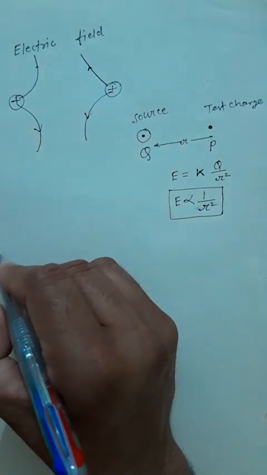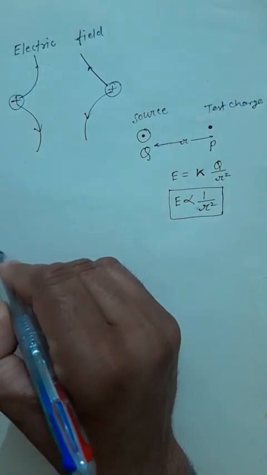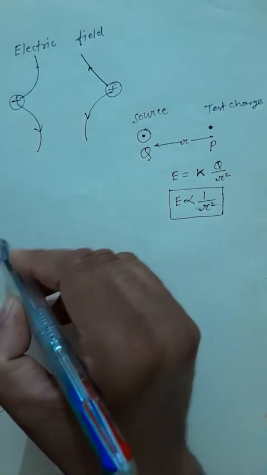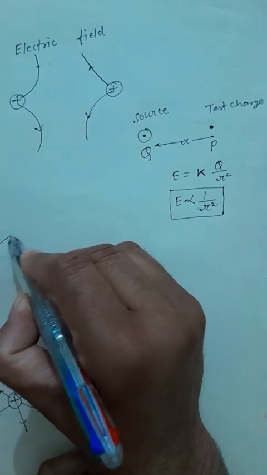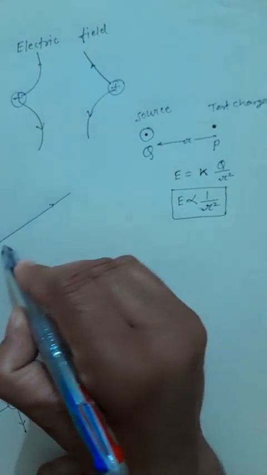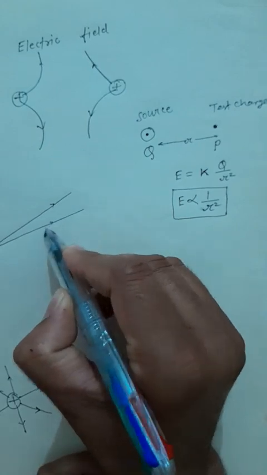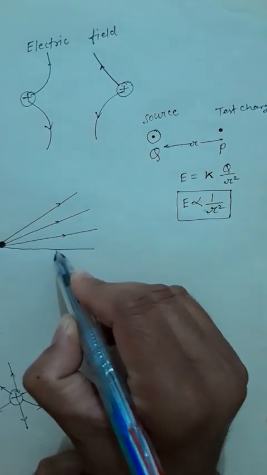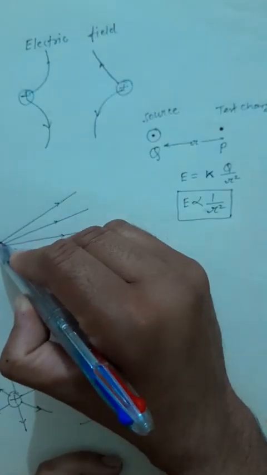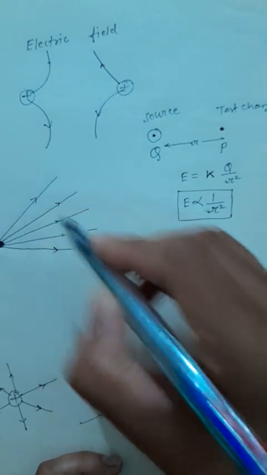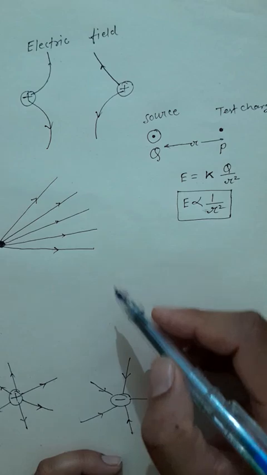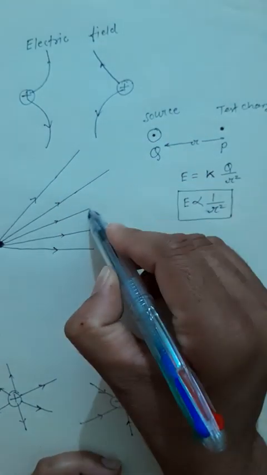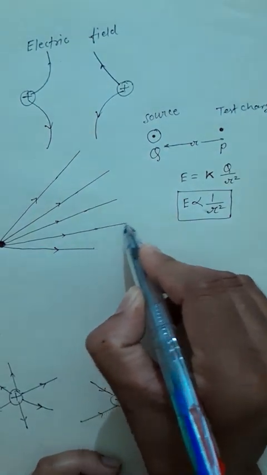Suppose here is a positively charged particle, then definitely the electric field lines will be radially outward like this. These can be produced to infinity because they go to infinity.